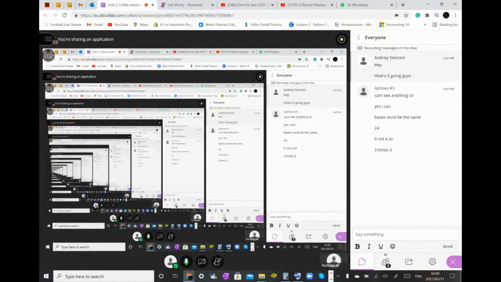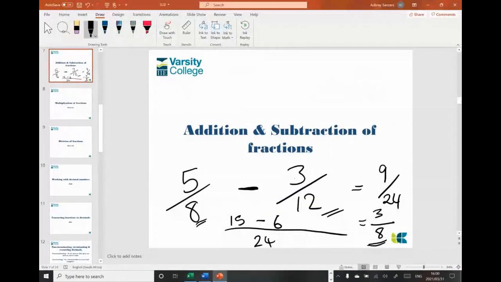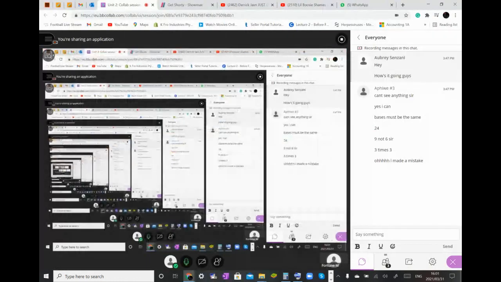Why are we saying 3 times 3? It's supposed to be 2 times 3, because remember, 24 divided by 12, you get 2. So this should be times 2. No problem up here.